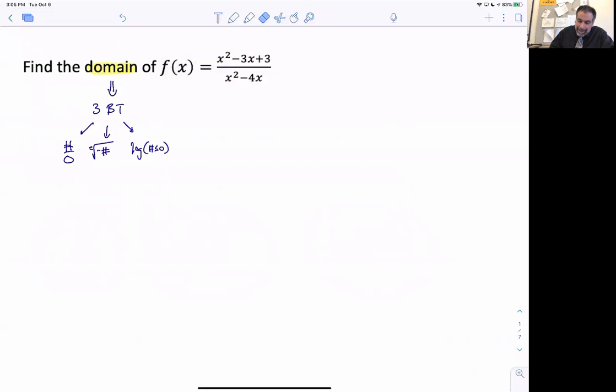Again, I am telling you, for this entire section, we are talking about the one that takes us to a number divided by zero. So the key word here is basically finding out when the denominator equals zero.